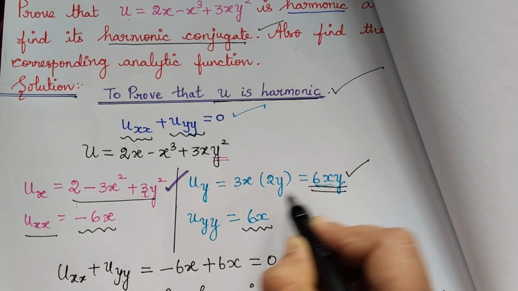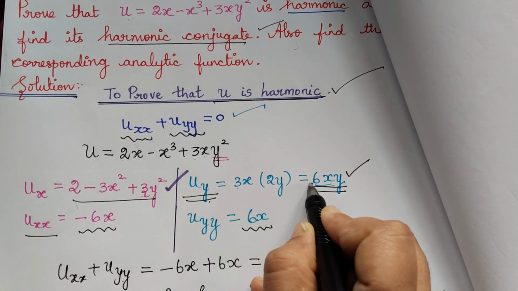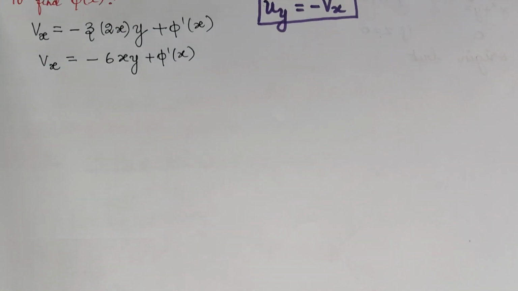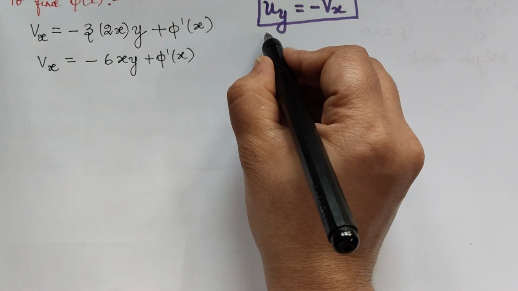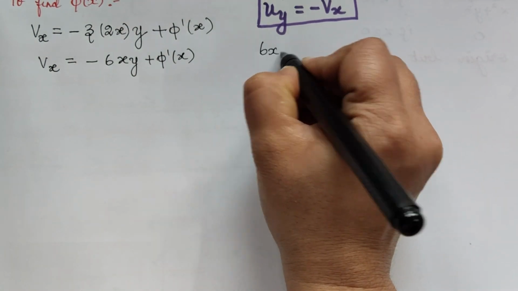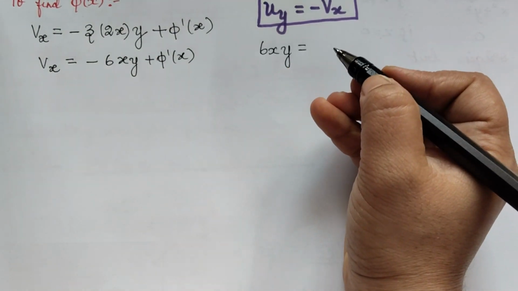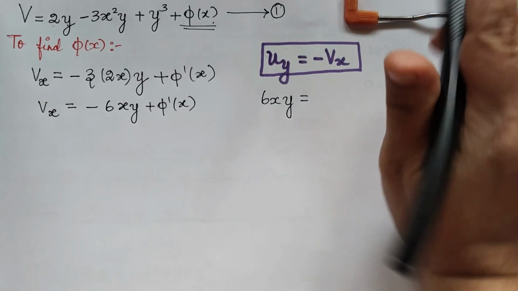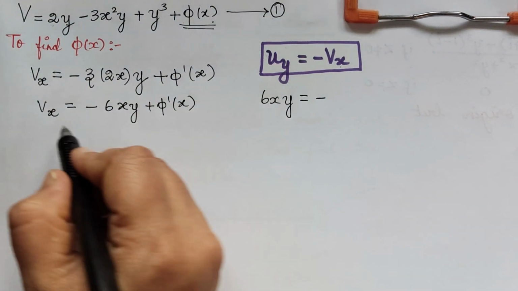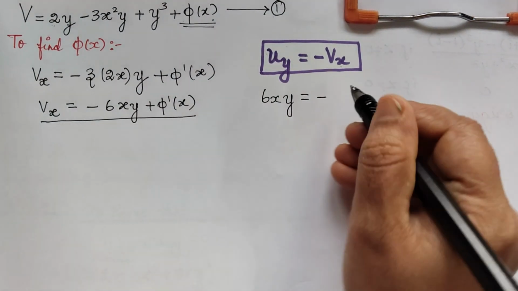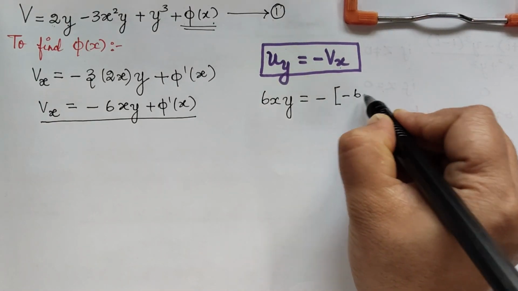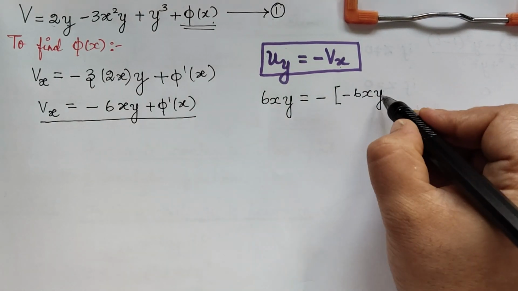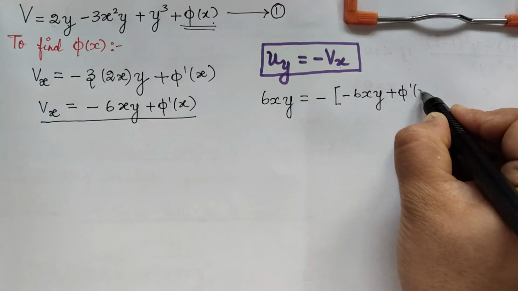This is what we obtained as u_y. So we shall substitute that. So from this what do you get? 6xy is equal to, what is minus v_x? Minus of v_x is this. So we shall substitute that, minus of minus 6xy plus phi dash of x.